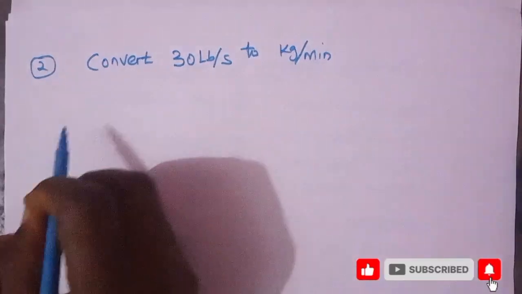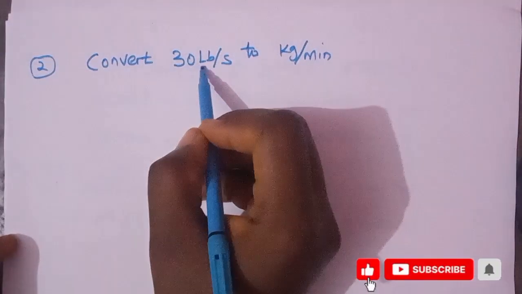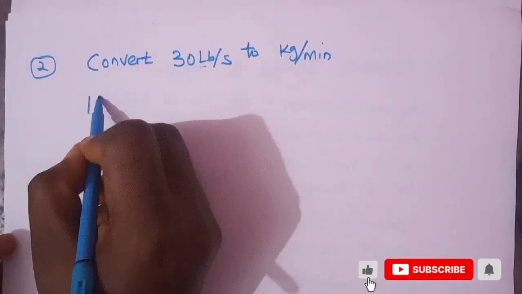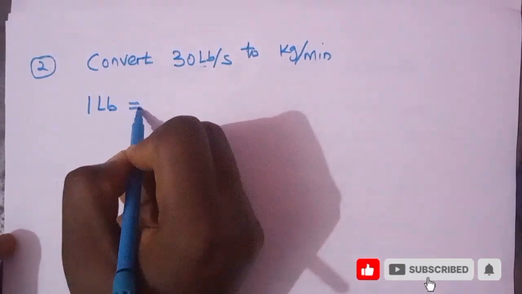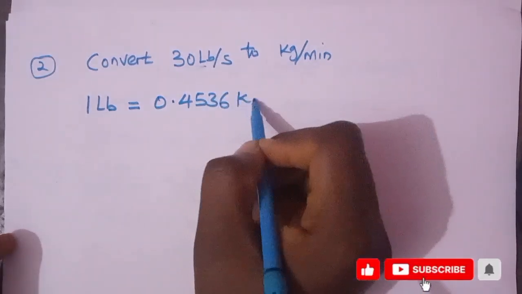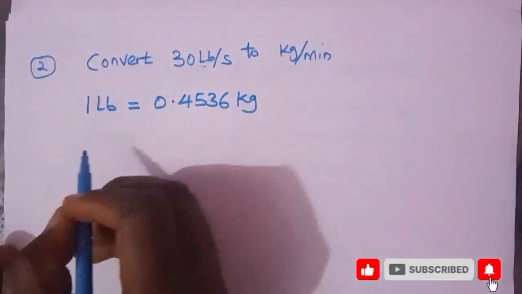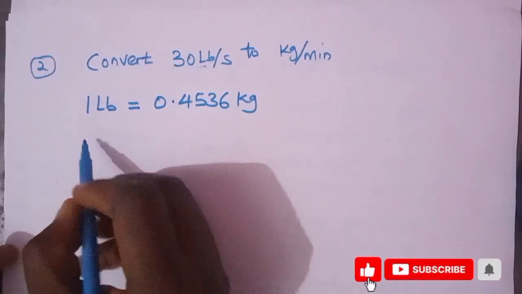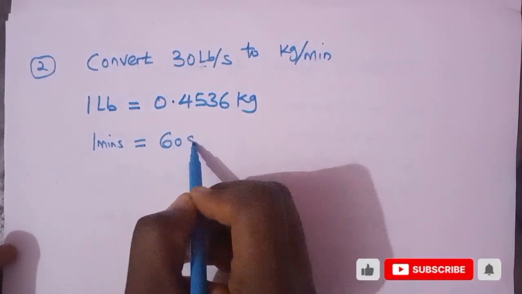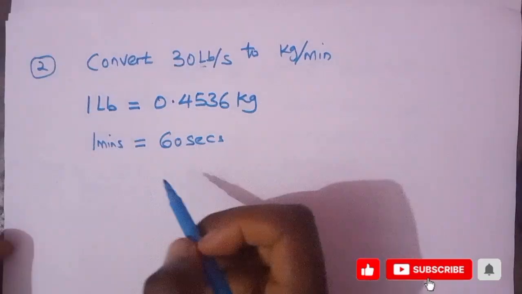So the first step we have to take is for us to convert these pounds to kilogram. Just remember this fact: 1 pound is equal to 0.4536 kilogram. Convert seconds to minutes. So for us to convert seconds to minutes, 1 minute will give us how many seconds? That is 60 seconds.